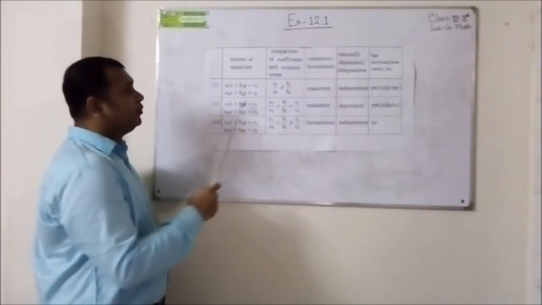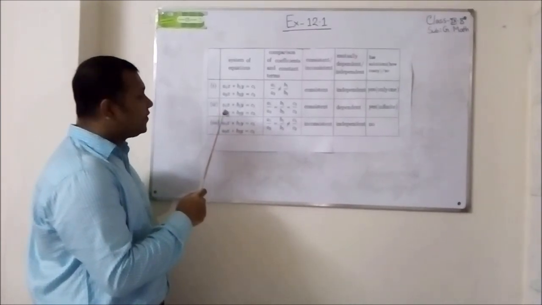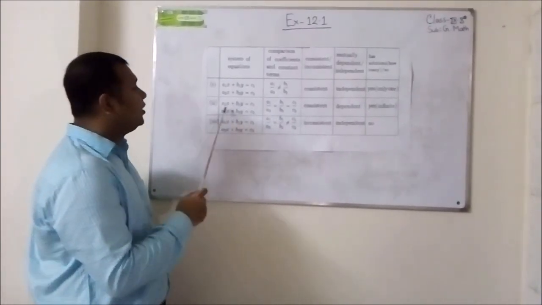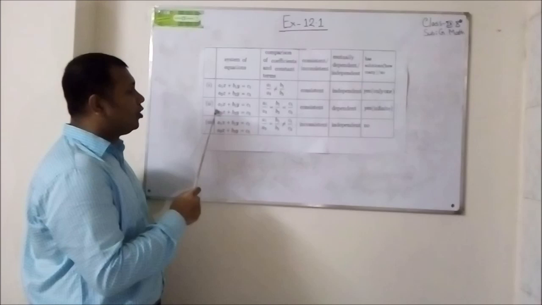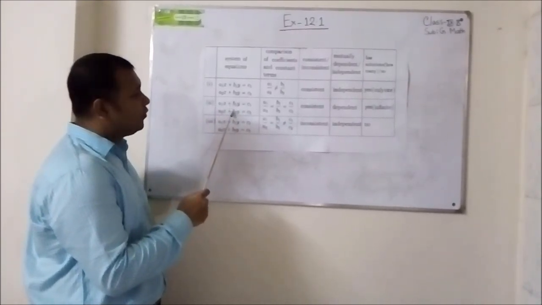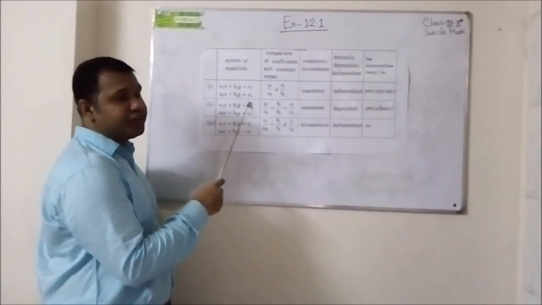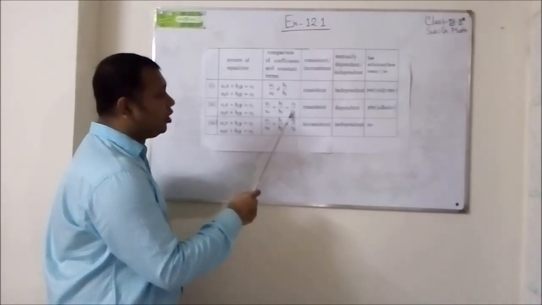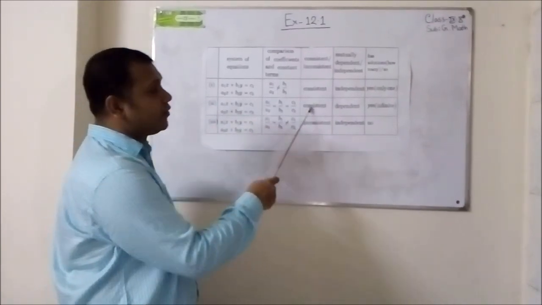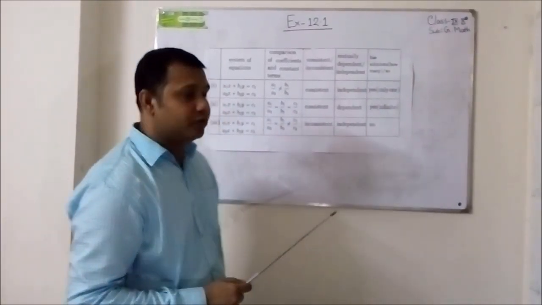If we compare the coefficients and the constant term, and the ratio of the x term equals the ratio of the y term and equals the ratio of the constant term, then we call it consistent, dependent, and it has an infinite number of solutions.